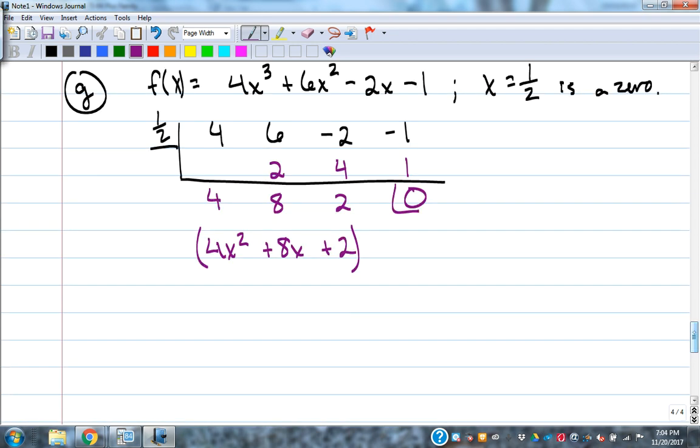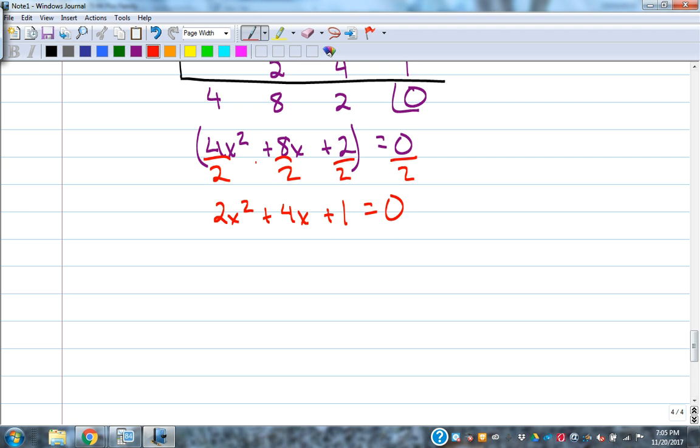If I'm going to use quadratic formula, is there any way that I could simplify it before I start? Yeah, everybody's divisible by 2. So I'm just going to divide everybody by 2 at the beginning to make the number smaller. So that becomes 2x squared plus 4x plus 1.